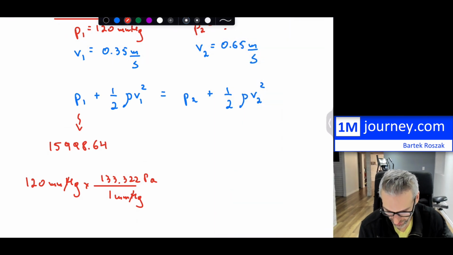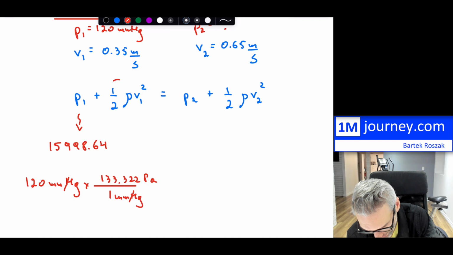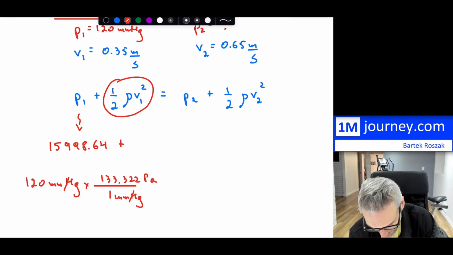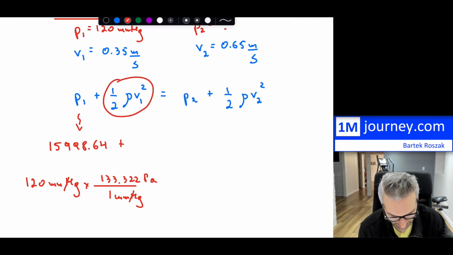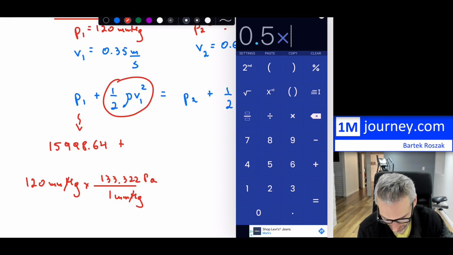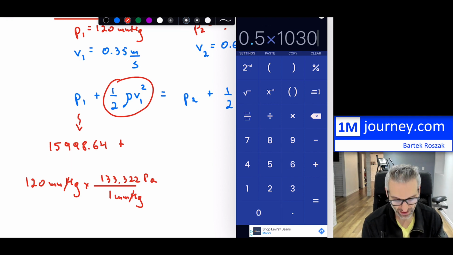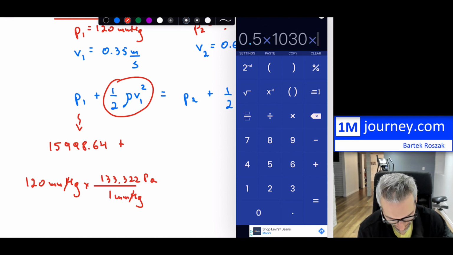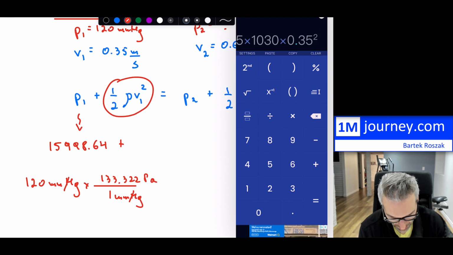Now the next component. Plus 1/2, which is 0.5, times the density, 1.03 times 10 to the 3, so 1030, multiplied by the speed, 0.35, except that has to be squared.